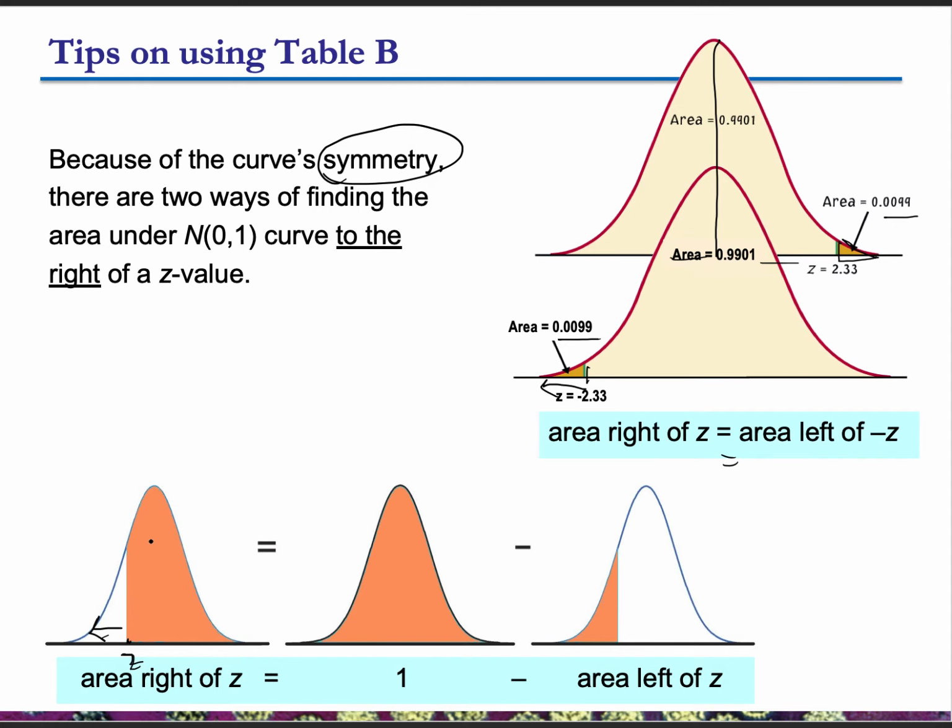So you find this area left of z from the table, that orange area, and subtract it from 1, because you know that the total probability or total area under this curve is 1. Then that is the area of the rest of the normal distribution.